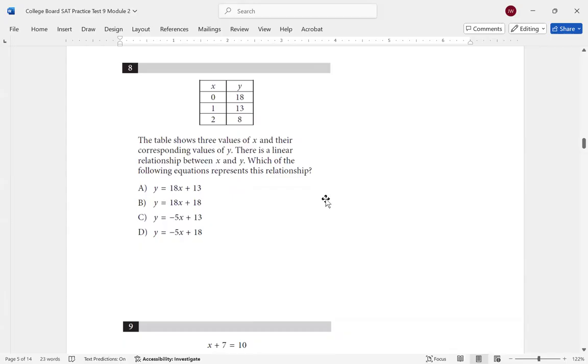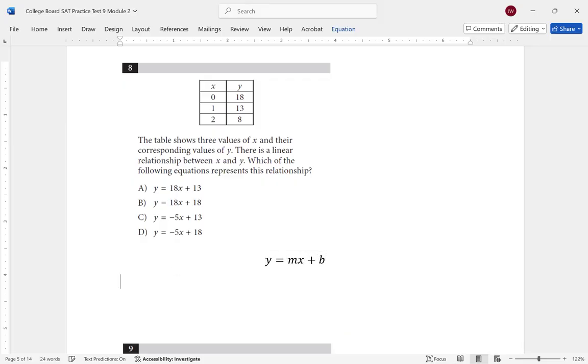Question 8. The table shows 3 values of x and their corresponding values of y. There is a linear relationship between x and y. Which of the following equations represents this relationship? So if we know that there's a linear relationship, all of these equations are in the form y equals mx plus b.